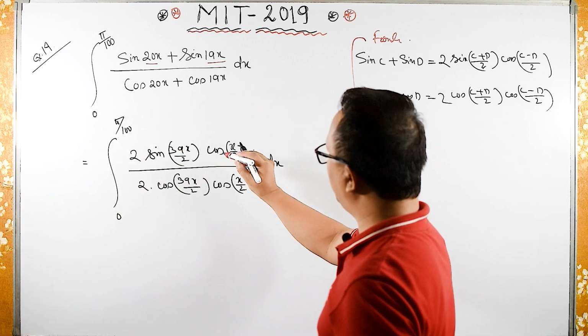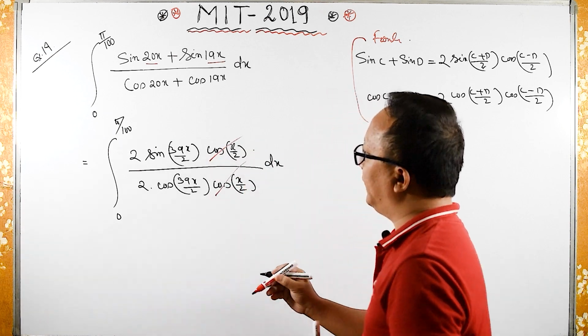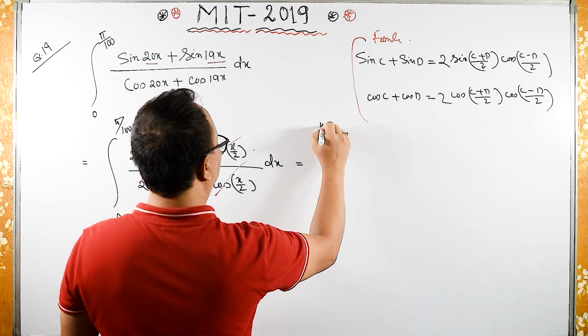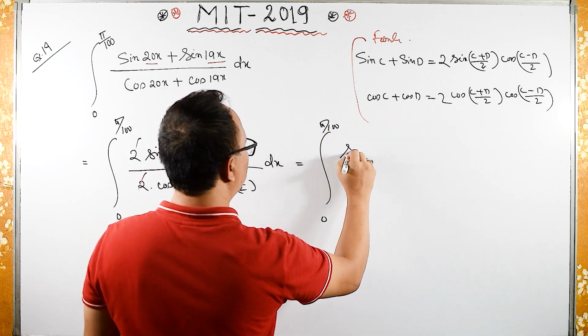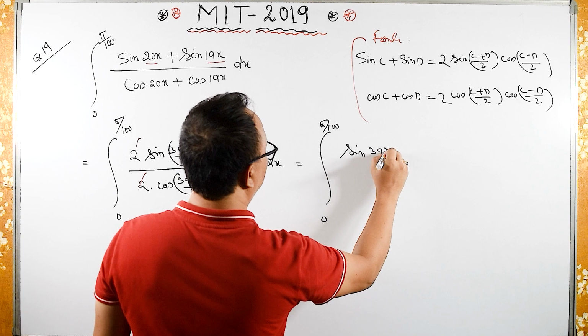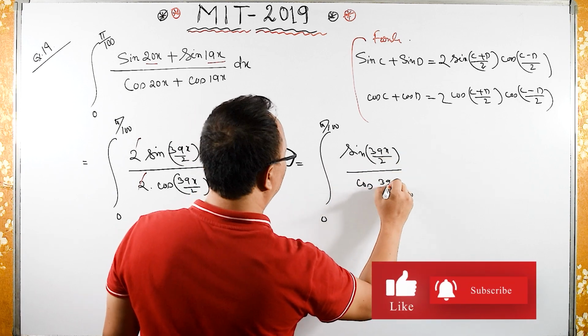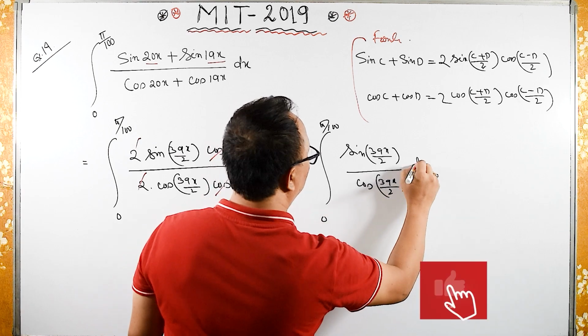This cos x by 2 and that cos x by 2 get cancelled. Even the 2 also gets cancelled. We have the integral from 0 to pi by 100 of sine of 39x upon 2 upon cos of 39x upon 2 into dx.